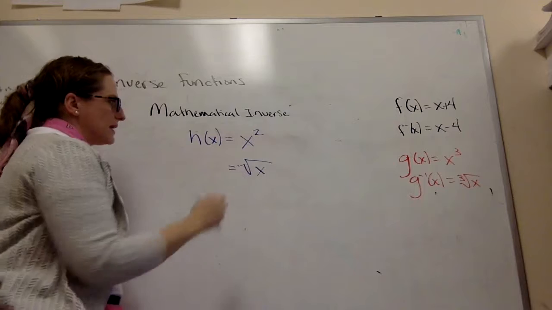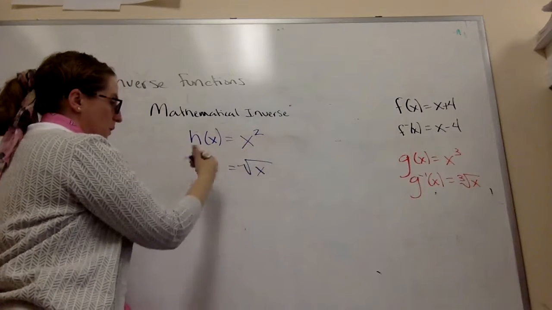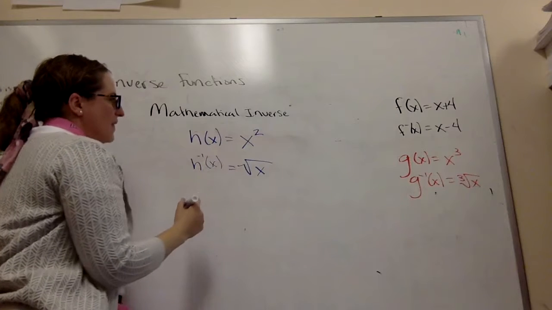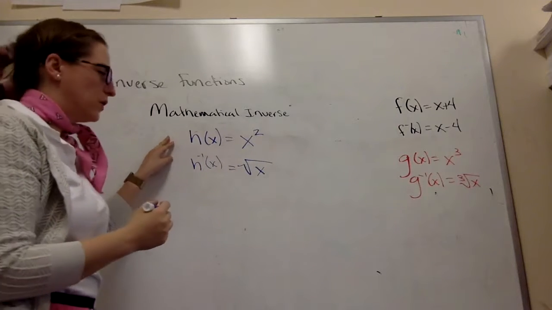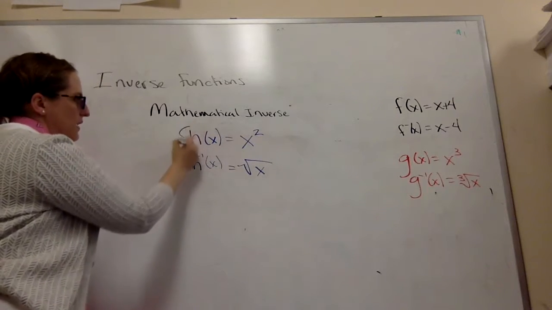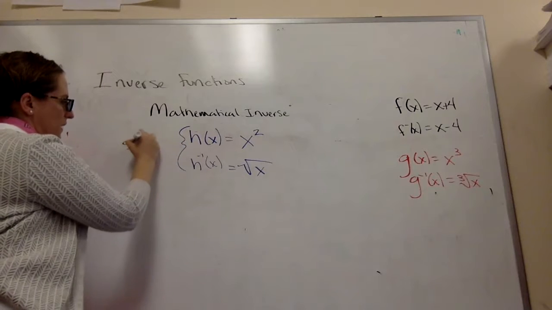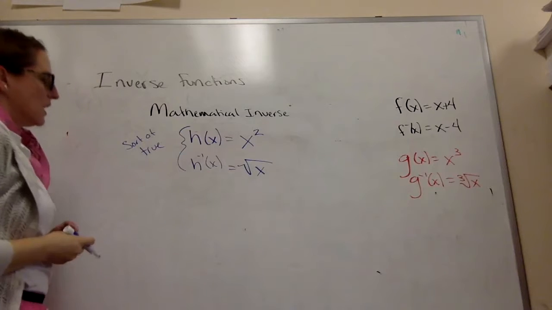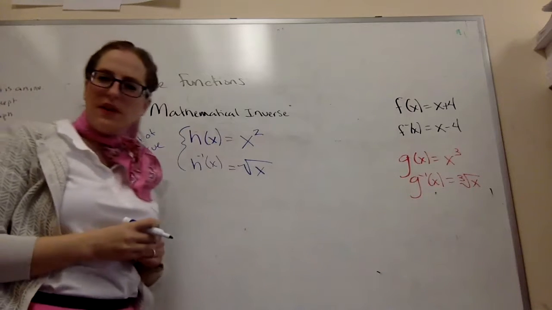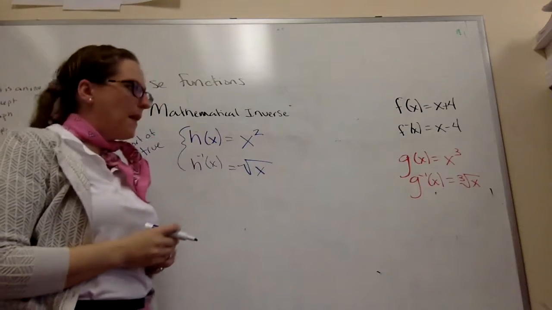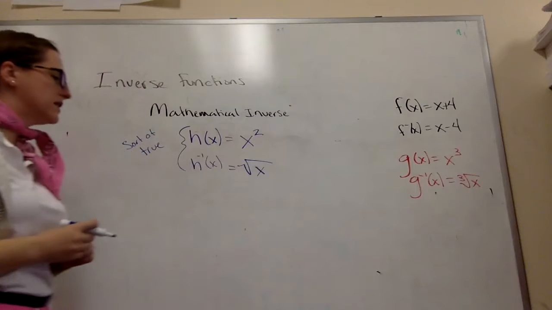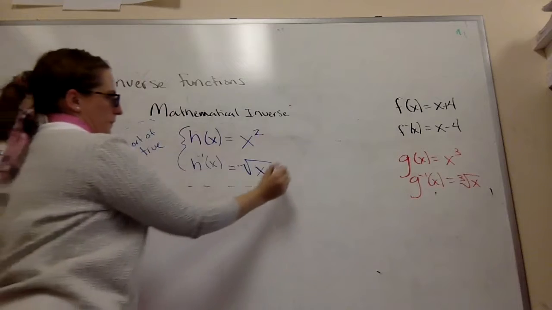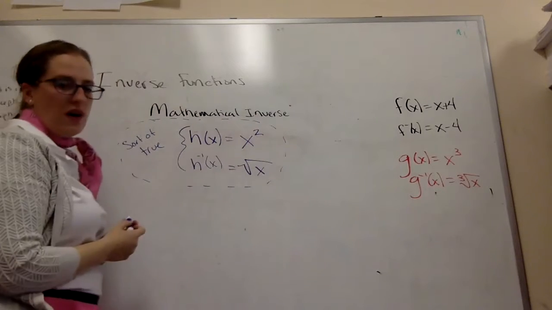So it seems to make sense that x squared and the square root are inverses. And this is sort of true. We're going to run into a little bit of an issue here because of whether or not a function is one-to-one, whether or not it passes the horizontal line test. So I want to think about this example as we move on.